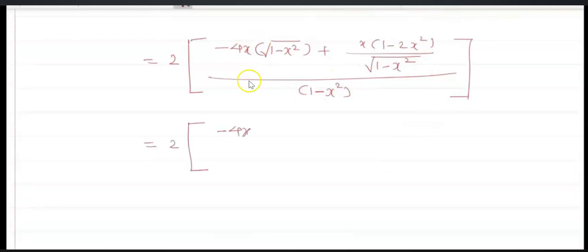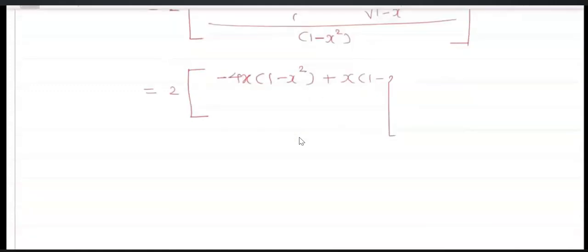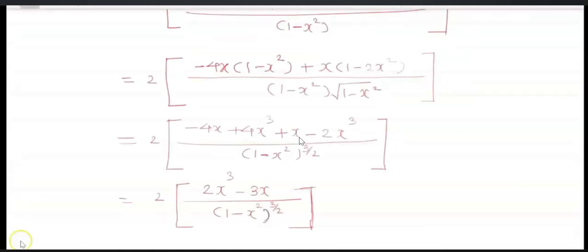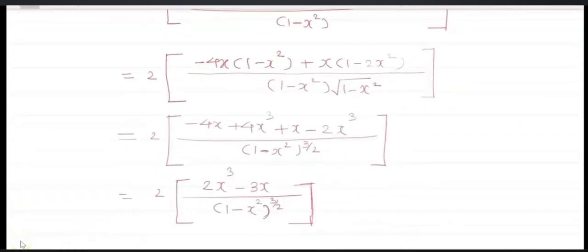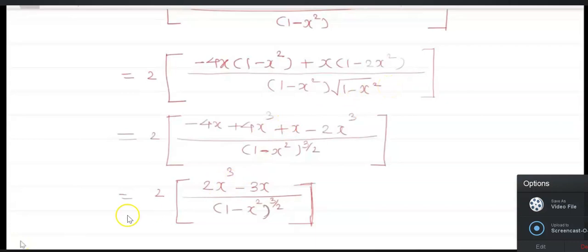Now again simplify this, that is minus 4x into (1 minus x square) plus x into (1 minus 2x square), and after simplification we will get this, that is 2 into (2x cube minus 3x) upon (1 minus x square) raised to 3 by 2.